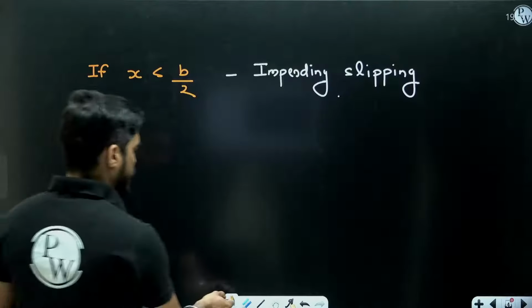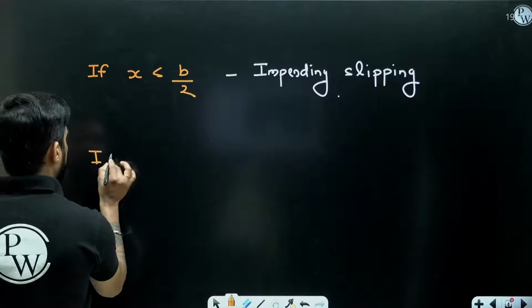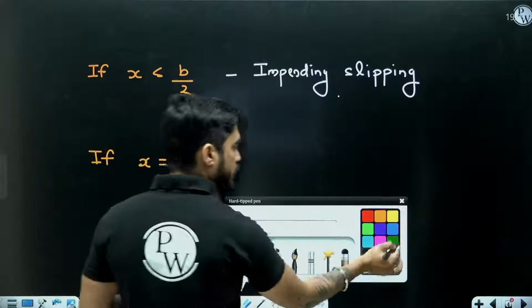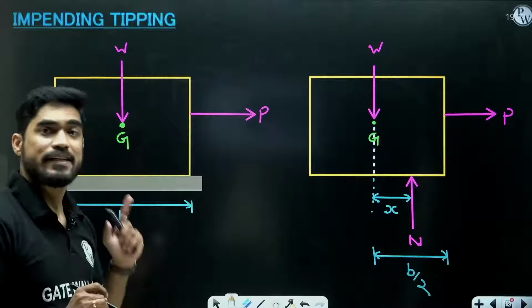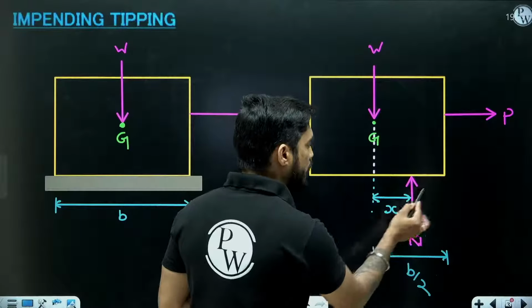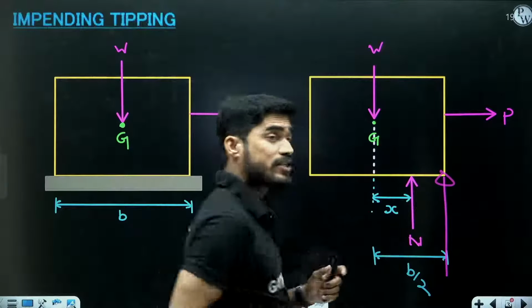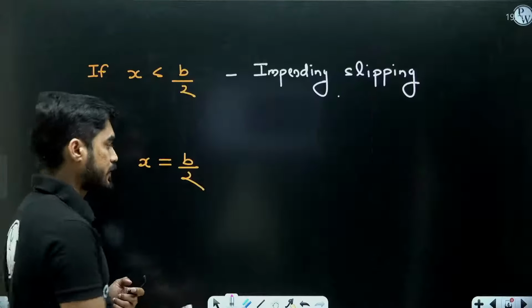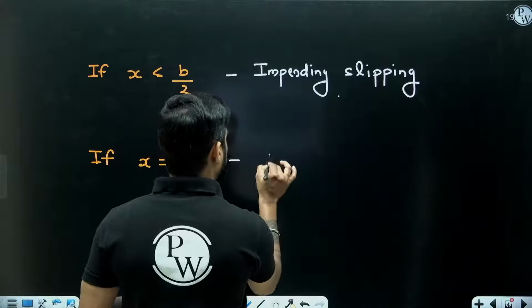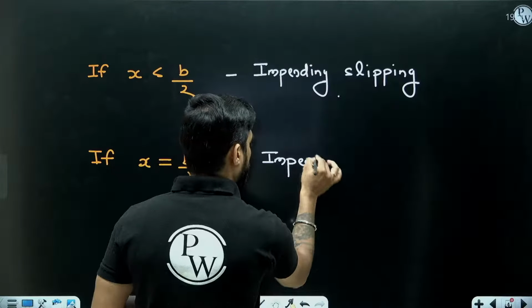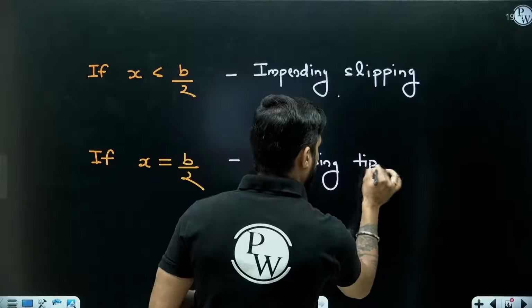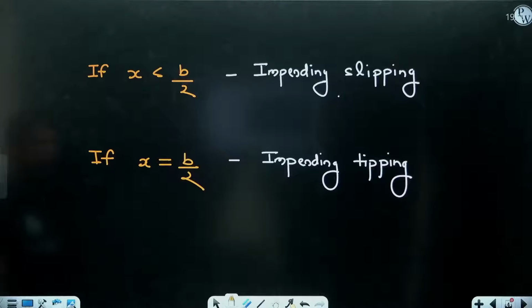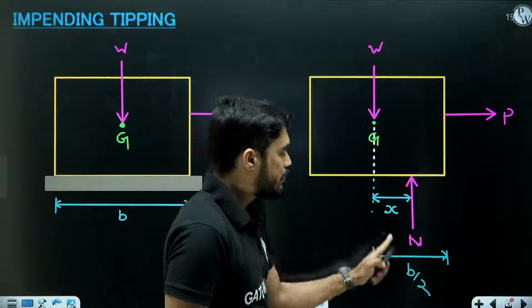But if the value of x becomes equal to B by 2, then what is going to happen? If x is equal to B by 2, it means the normal force is acting here at this edge. So then this block will start tipping. So this is the condition of impending tipping. So what is the condition of impending tipping? This value of x becomes equal to B by 2.